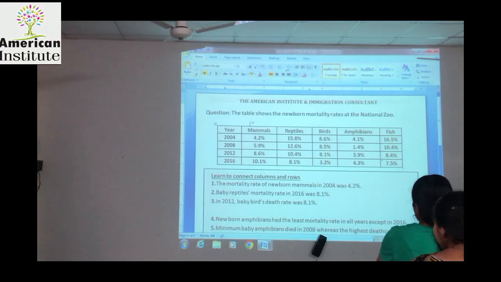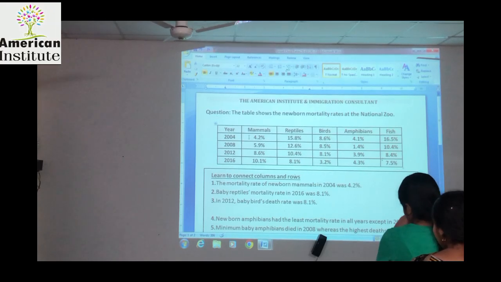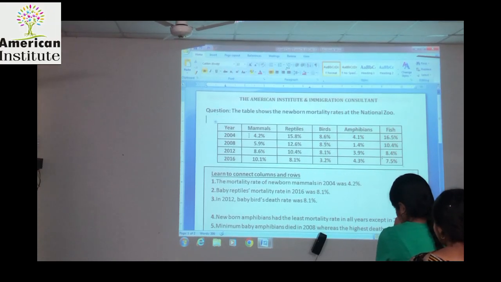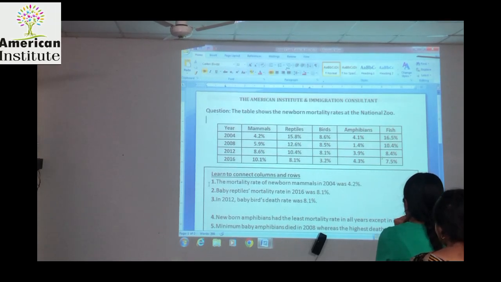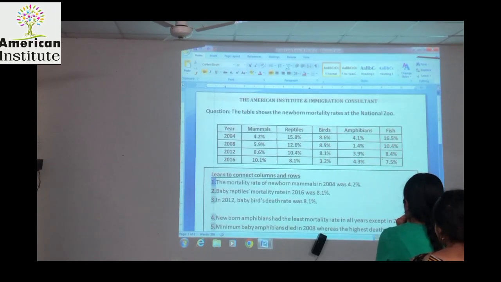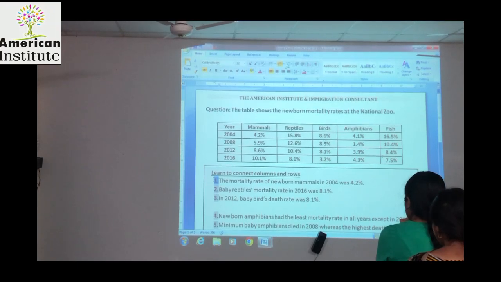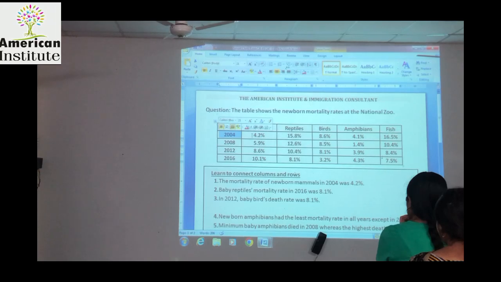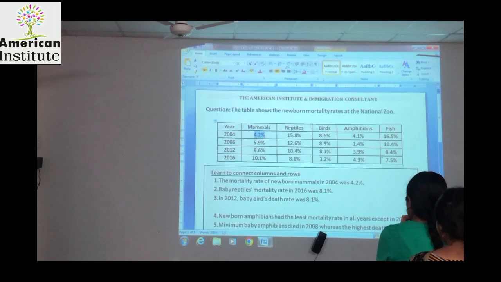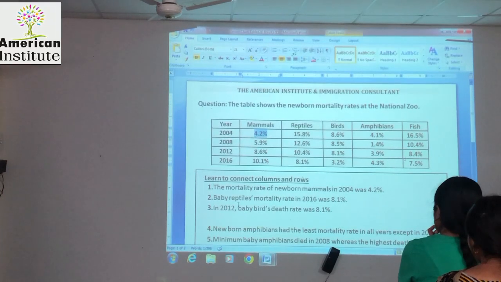So if we want to represent the data of 2004 mammals, how can we write? Look at the first sentence. The mortality rate of newborn mammals in 2004 was 4.2%. Very good. So this is our data. 2004 mammals 4.2.